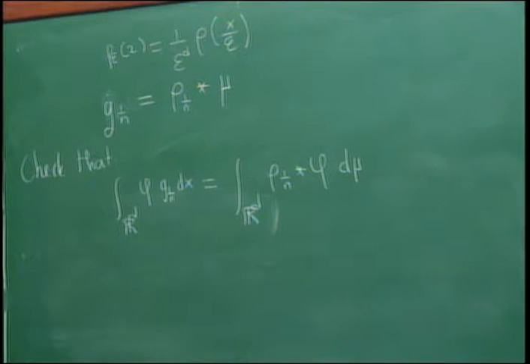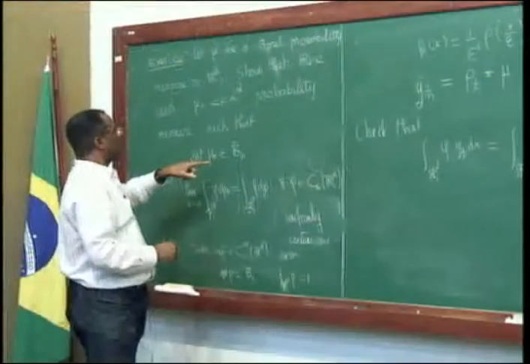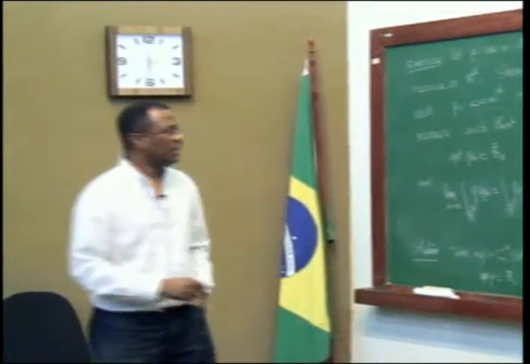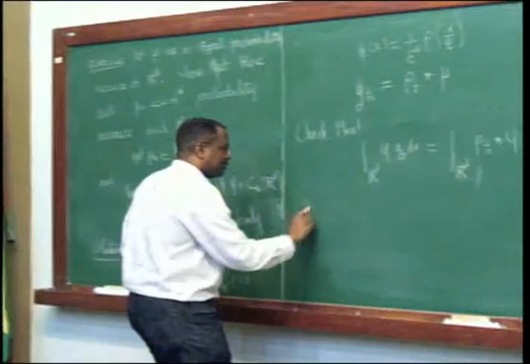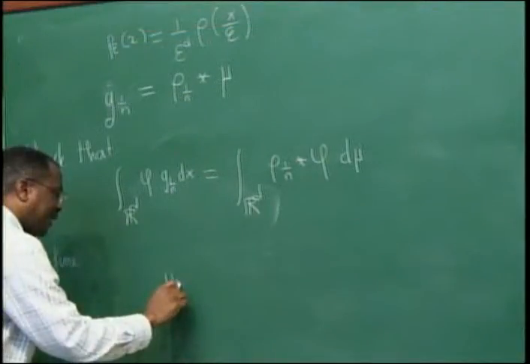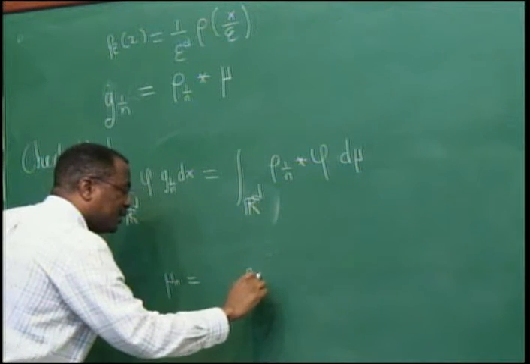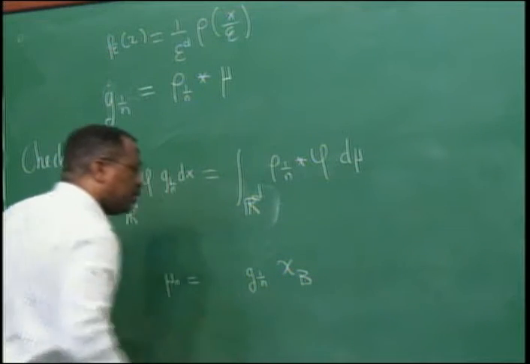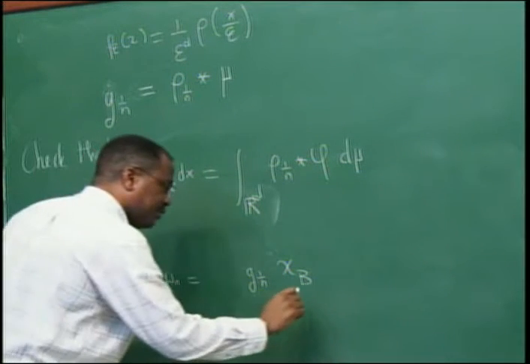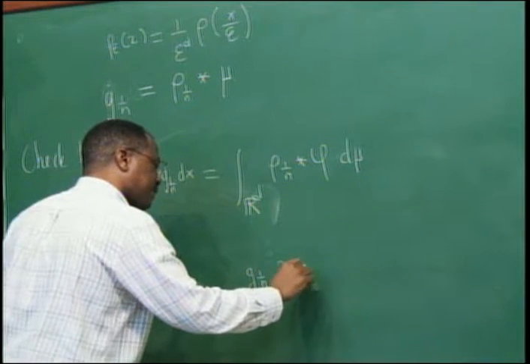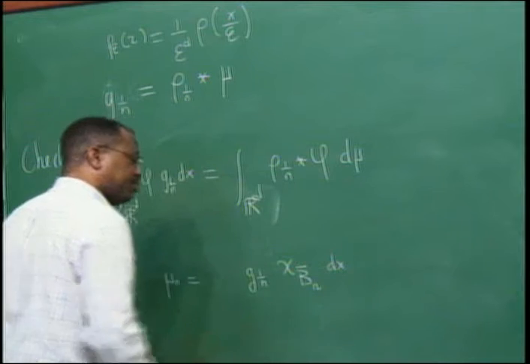However, I don't yet have the condition that the support of the measure is compact. So define mu_n to be g_{1/n} times the characteristic function of the ball, by the Lebesgue measure.